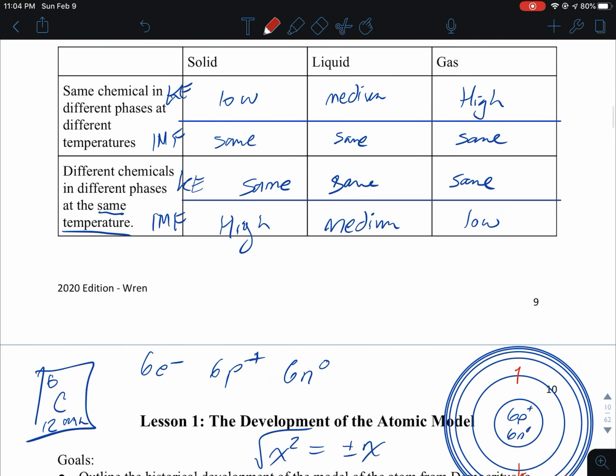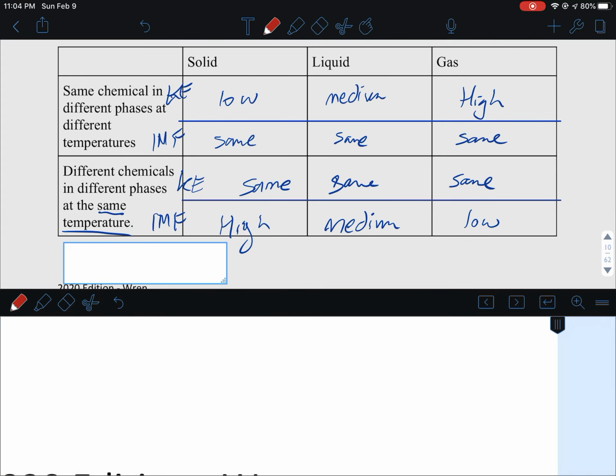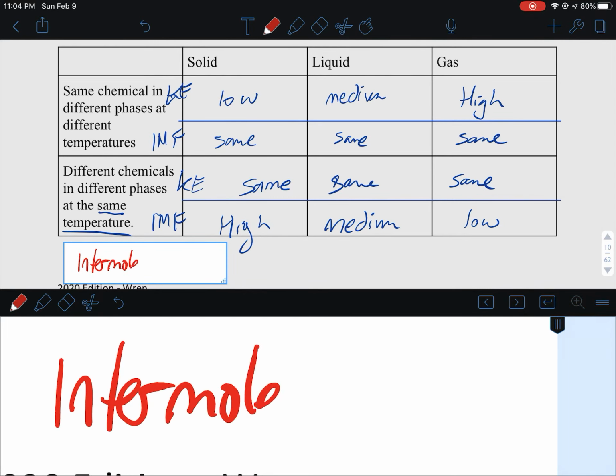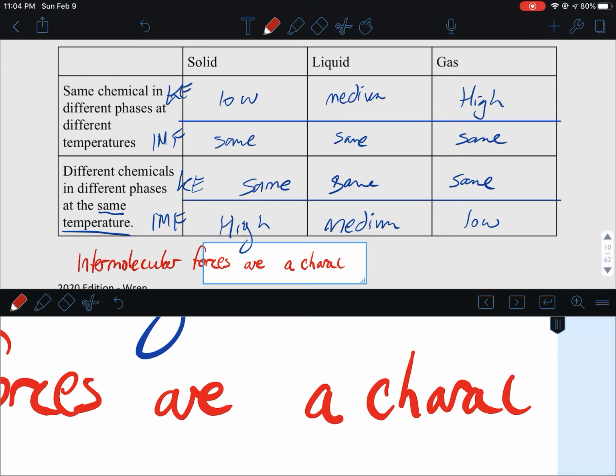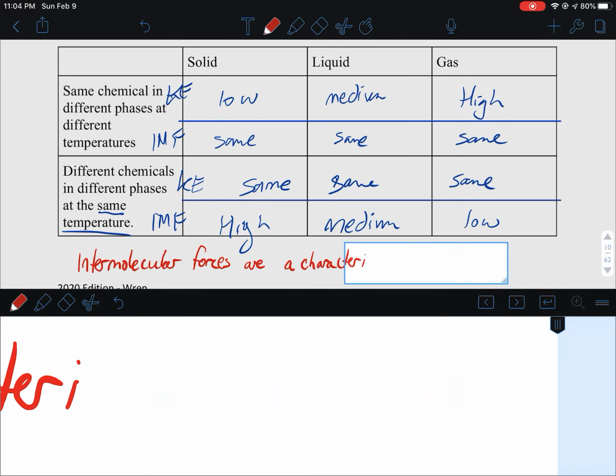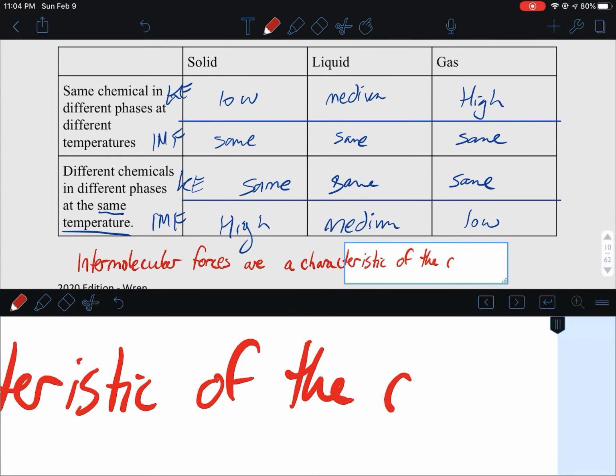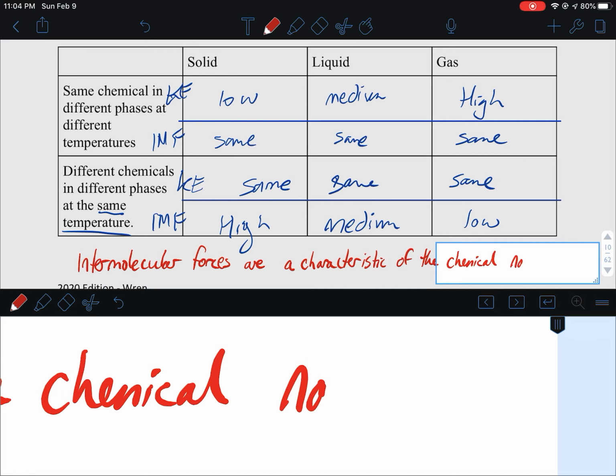Maybe this is something I didn't mention well enough in class, but intermolecular forces are a characteristic of the chemical nature.